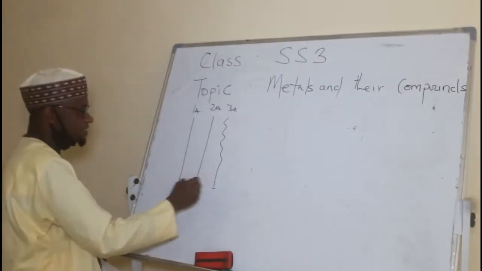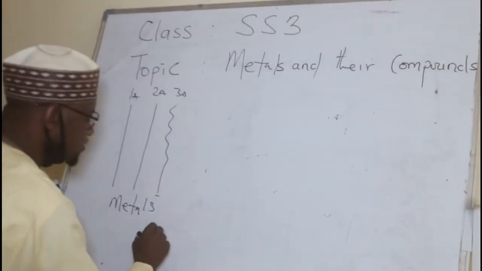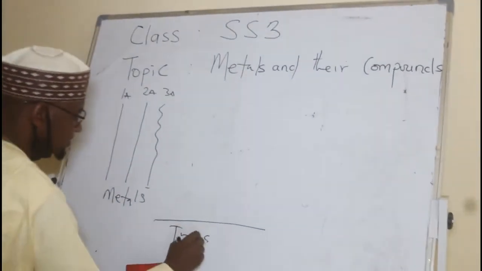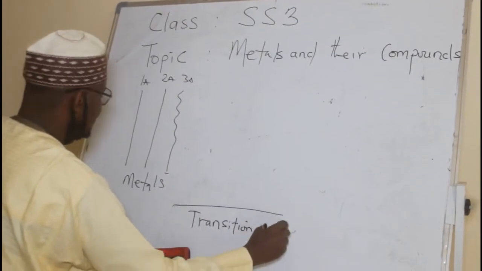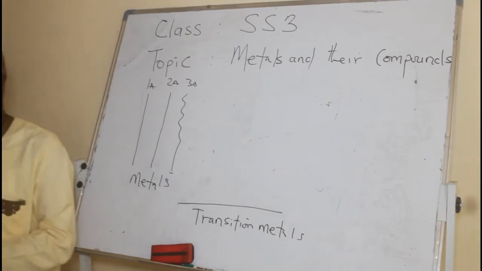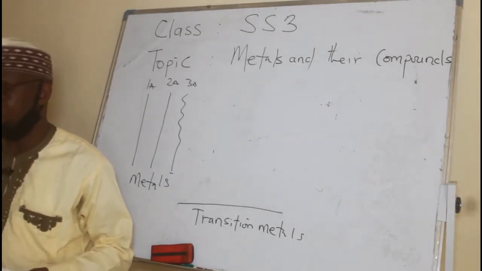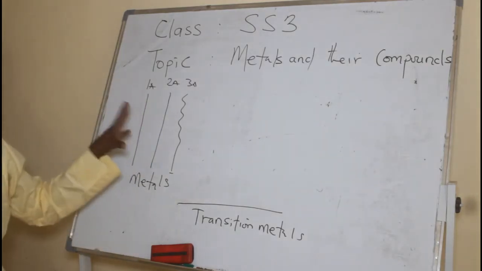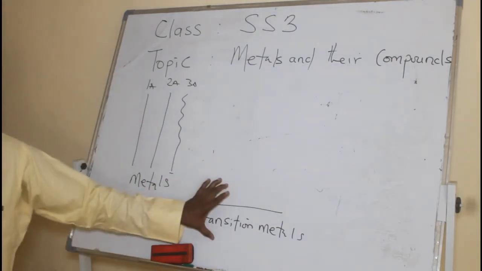This is where you find metals, and then you have the transition metals here. So this is the position of these elements in the periodic table. Even blindly, if you are asked to give an example of any metal, just come to group 1 or group 2 and some group 3 elements. Not all group 3 elements are metals. And then we have the transition metals.